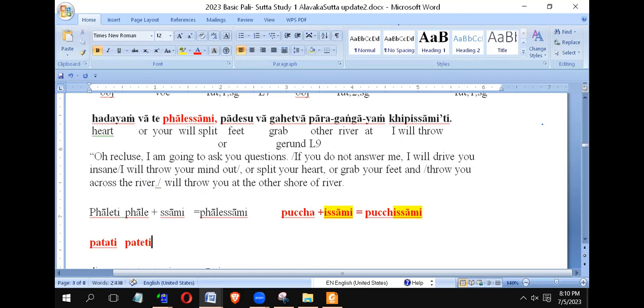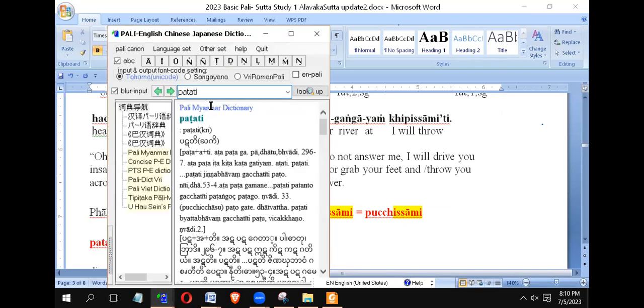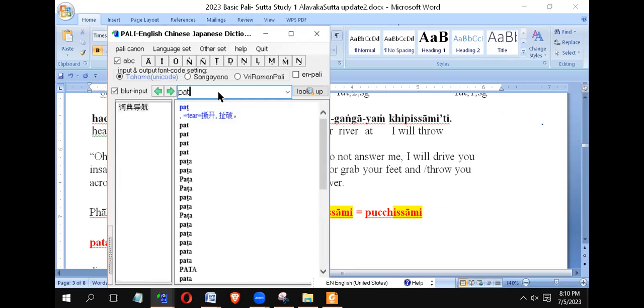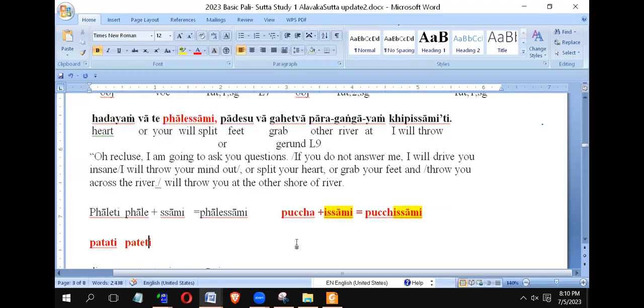Are you sure it's the same meaning? Patati is fall. Pateti, you have the long A. Long A. Cause to fall. So pateti is cause somebody to fall.